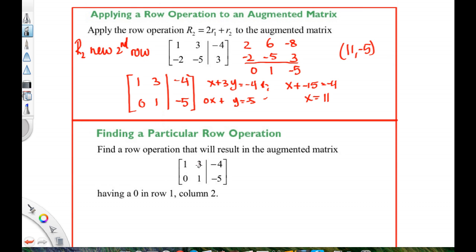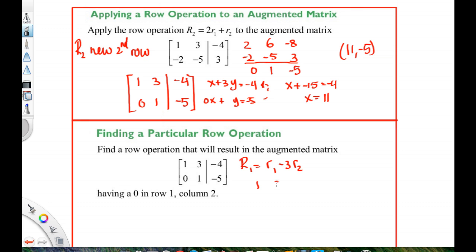If I multiply the bottom one by 3, so 3 times R2, and then take that and subtract it from R1, I need to make sure I write things correctly. So the new R1 is going to be the old R1 minus 3 times R2.